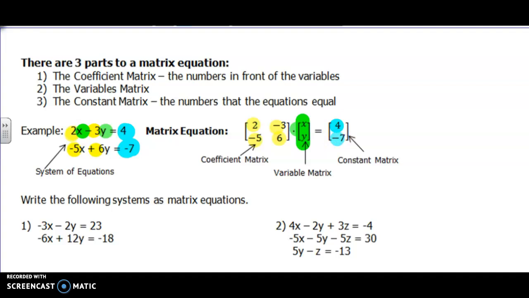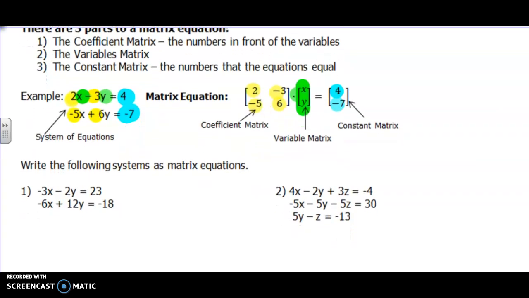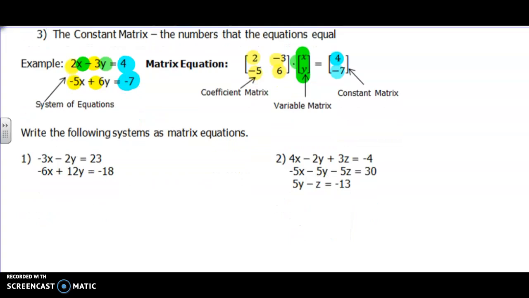So if you look at it, you have your 2 and -3 across the top, -5 and 6 across the bottom of the coefficient matrix. You separate your variables out and make them into a multiplier of the variable matrix, and then you set it equal to the constant matrix. Now, what you do with that information I'll show you in just a minute so that you can then solve it and figure out what those two variables equal.